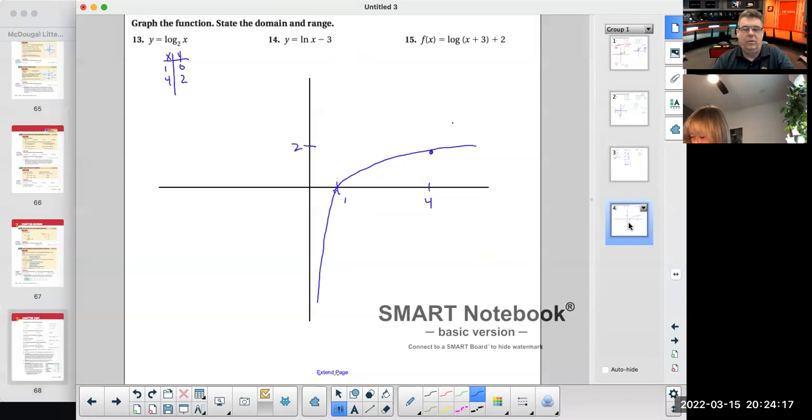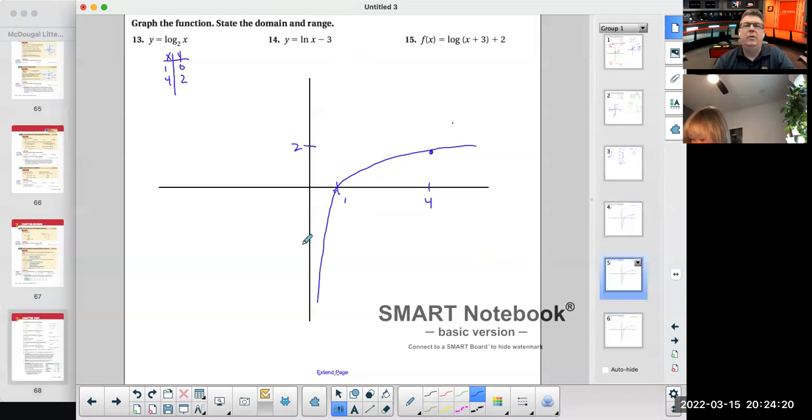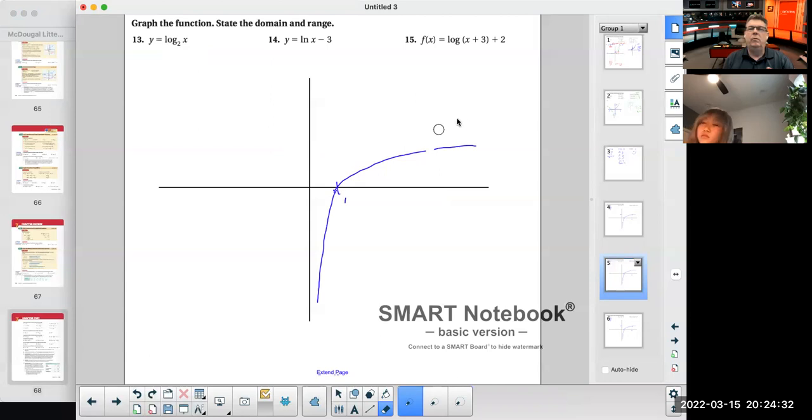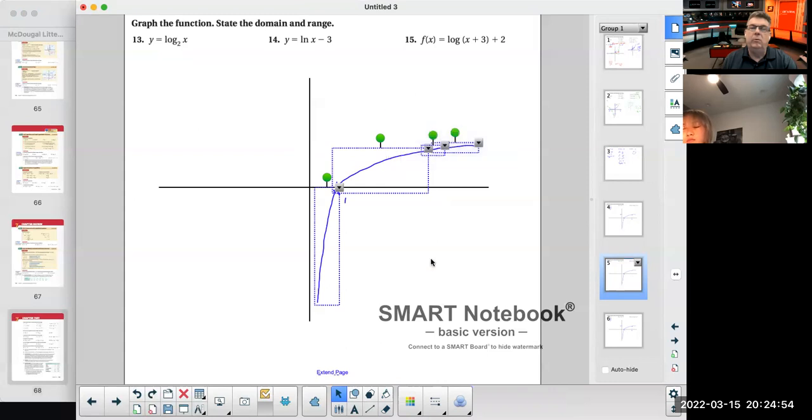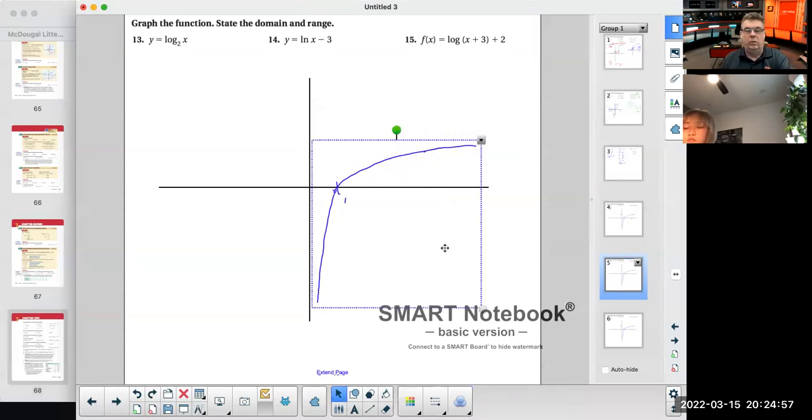Okay, so let's go duplicate that and we'll go to here and I'm going to get rid of this junk. Okay, so natural log of x, same thing.